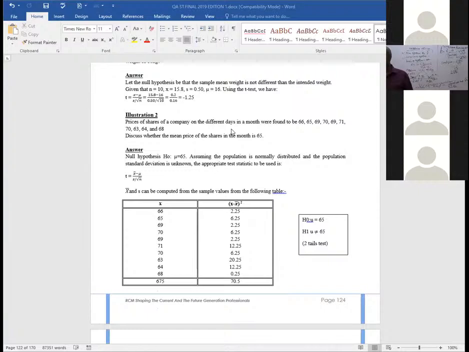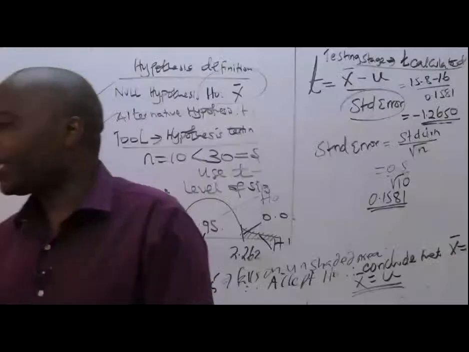Now look at this. These guys have given us a sample of the daily prices. How many are they? 1, 2, 3, 4, 5, 6, 7, 8, 9, 10 prices. So the first thing that I'll do, even without much struggle, is to appreciate that we've got 10 samples.